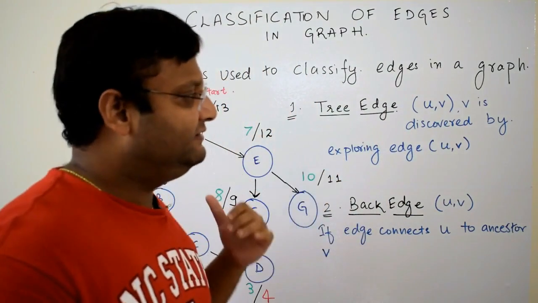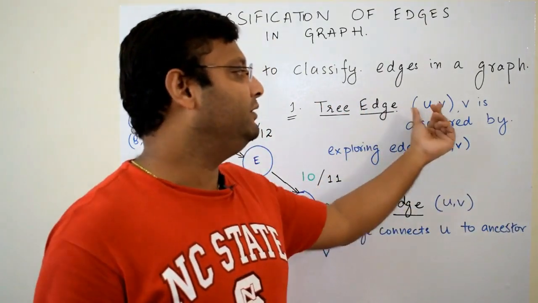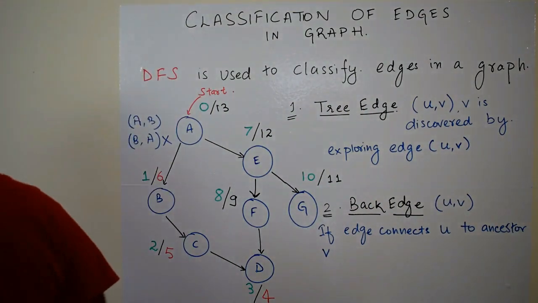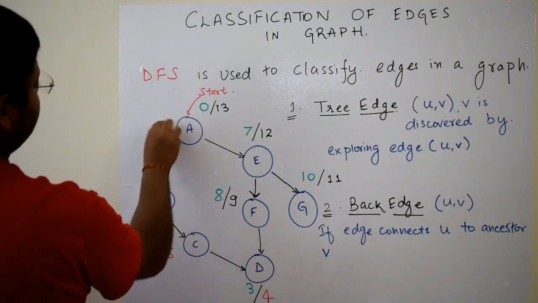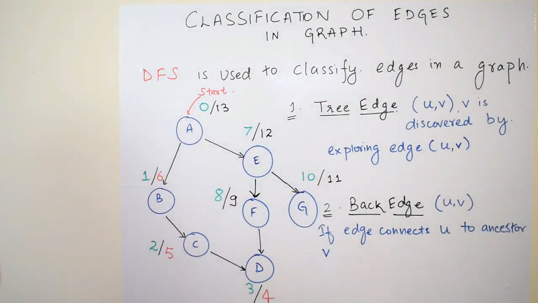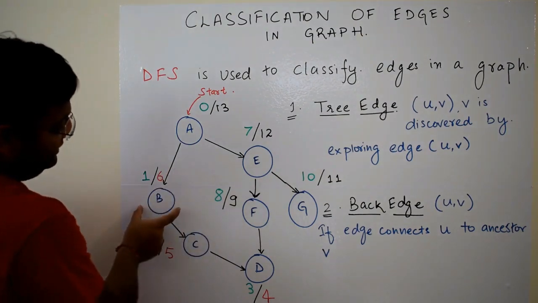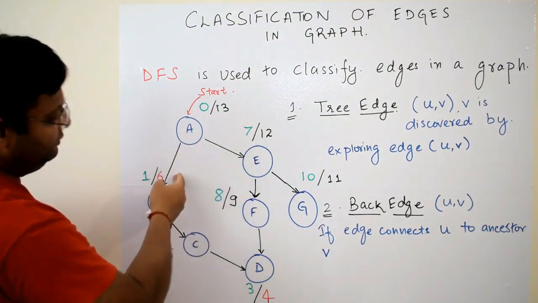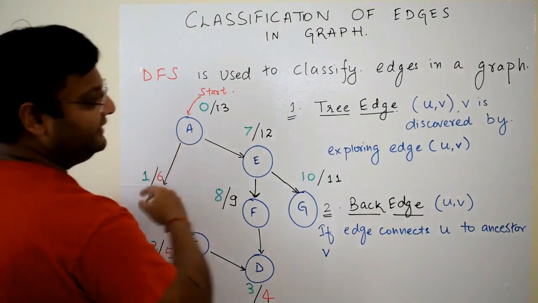V being discovered means V is being visited for the first time by exploring the edge U comma V. For example, in this case, from A to B, the vertex V definitely got discovered when you traversed through this edge U comma V. Here U comma V is A comma B, and only then V got discovered.